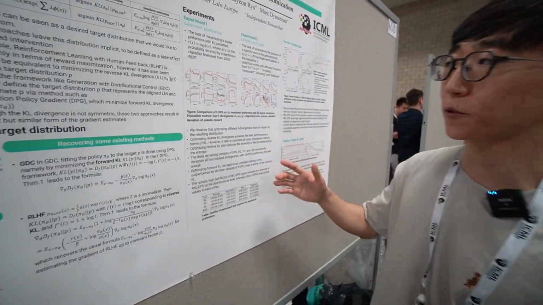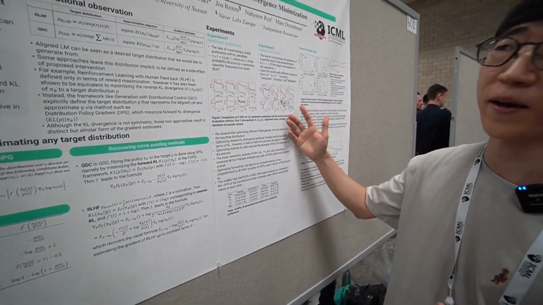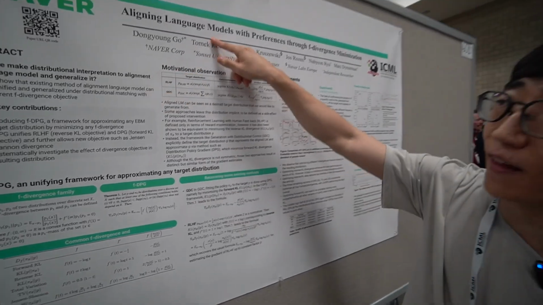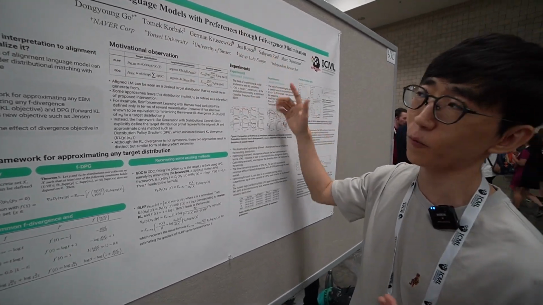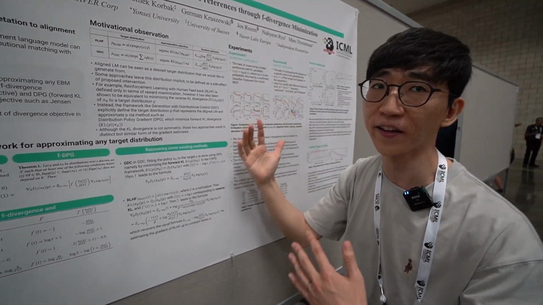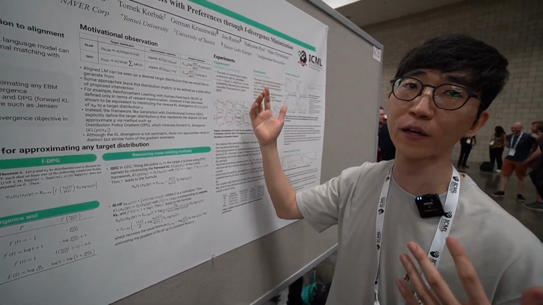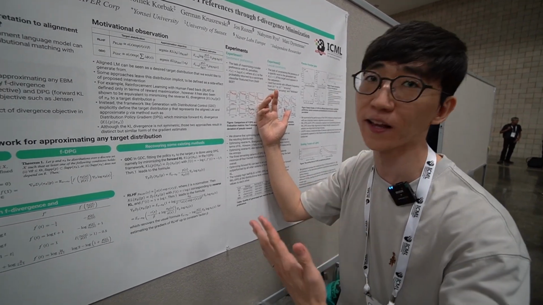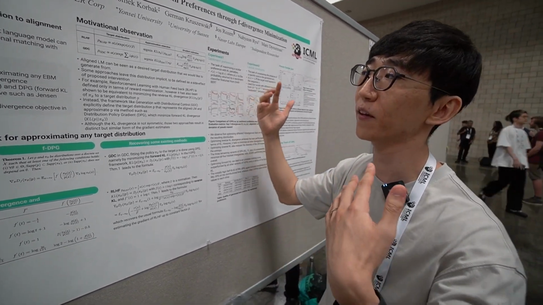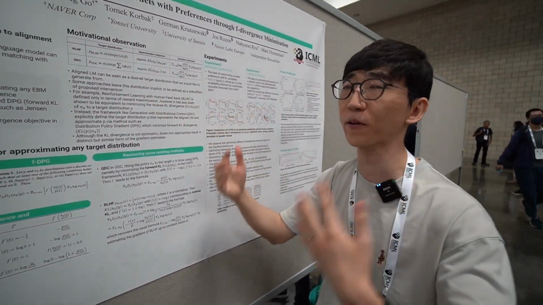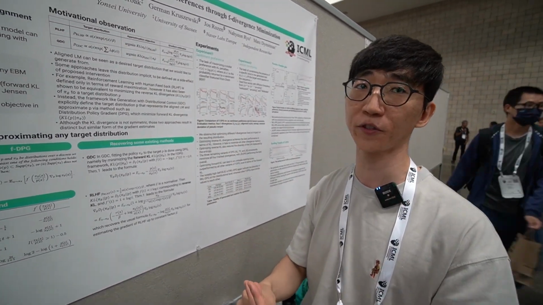For example, imagine that this target distribution could have a lot of modes. While we can't quantify it, we can imagine there are a lot of modes. But while we're using reverse KL as an objective, the model can focus on just one mode. That's the typical property of reverse KL divergence.